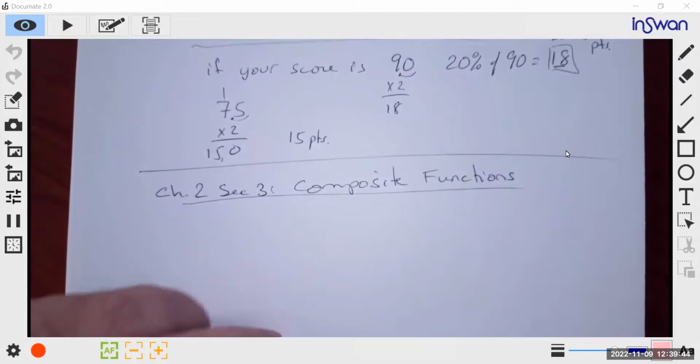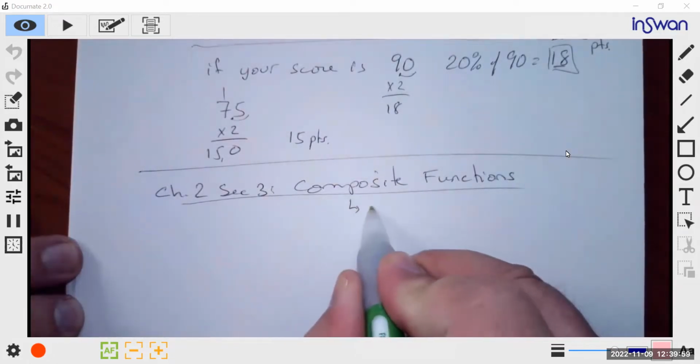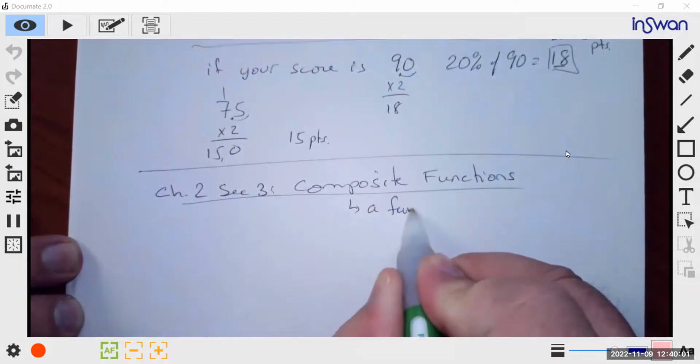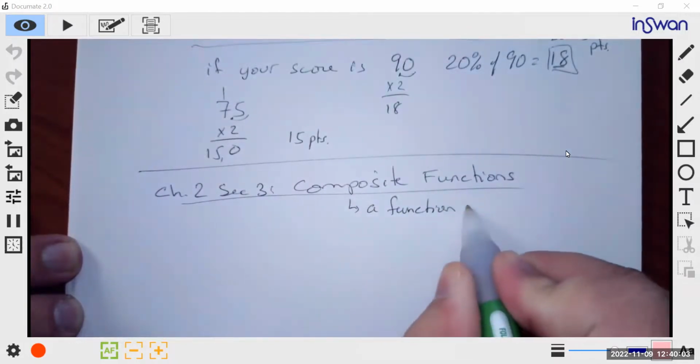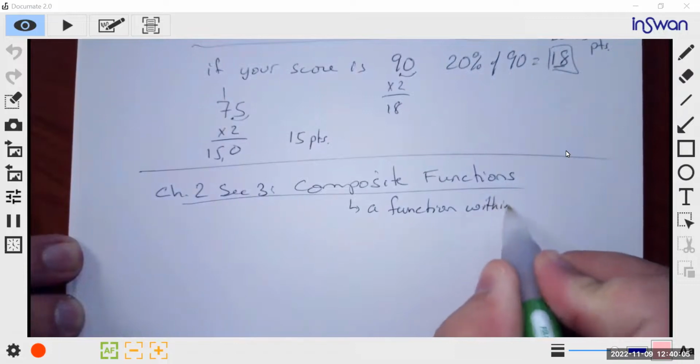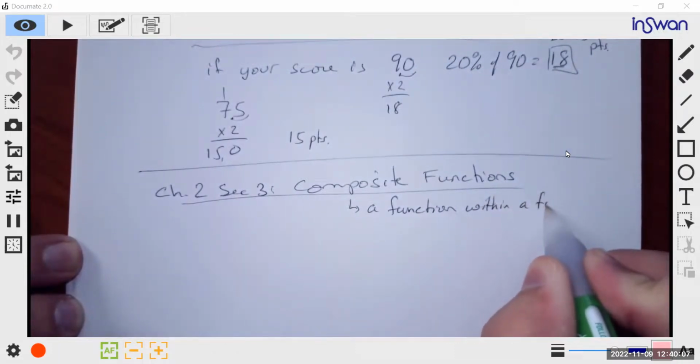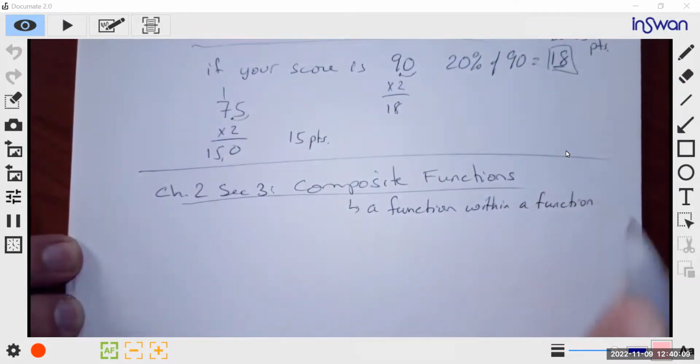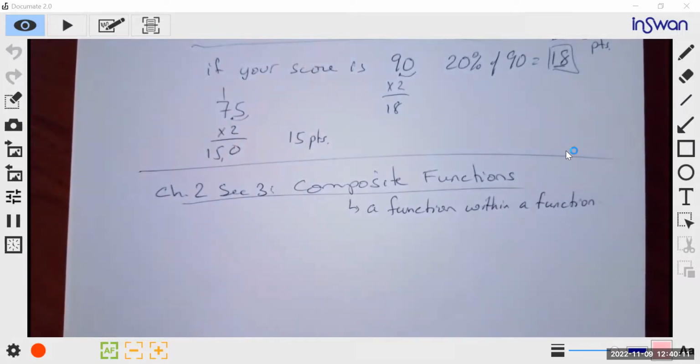It's like compound, but composite means when something is composed of something, it's made up of multiple parts. But I'm talking about here, basically what this means is a function within a function. A function is composed of a function. It's composite.